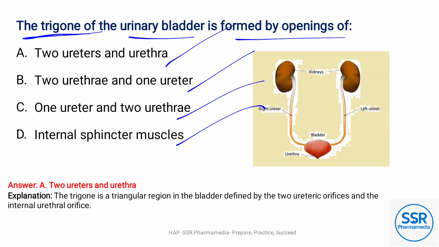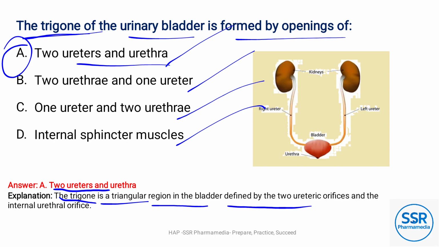So the answer is option A, 2 ureters and urethra. The trigone is a triangular region in the bladder defined by 2 ureteric orifices and the internal urethral orifice.